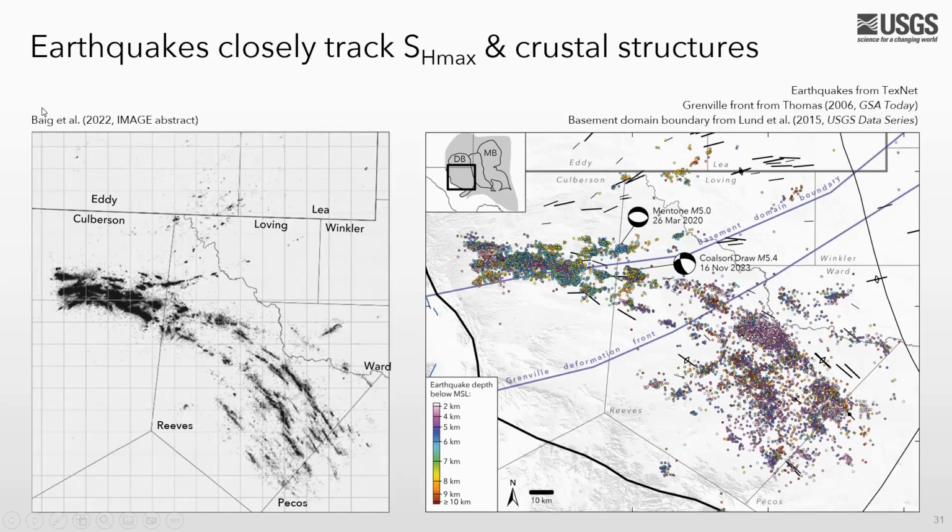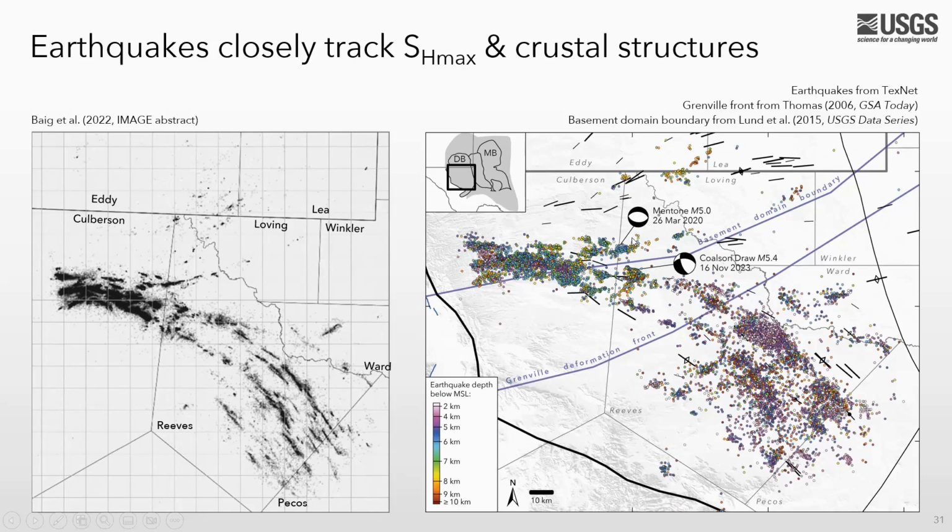The dots are earthquakes from Adam Baig and others from the abstract last year. And you see this very large amount of seismicity out here in Culberson County, what the Texas Bureau is calling the Culberson-Mentone seismic zone. And very interestingly, there's this sort of horn of earthquakes coming off here to the northeast.